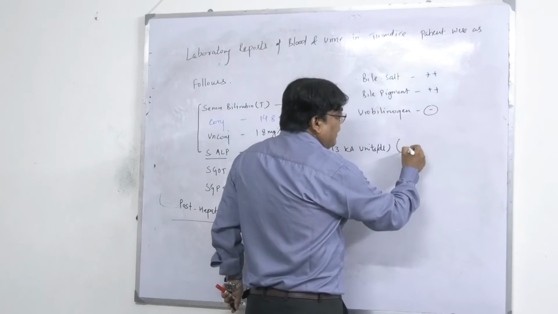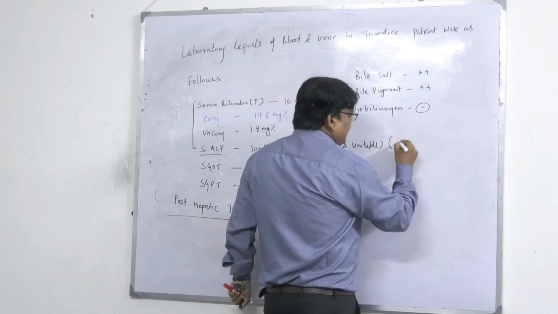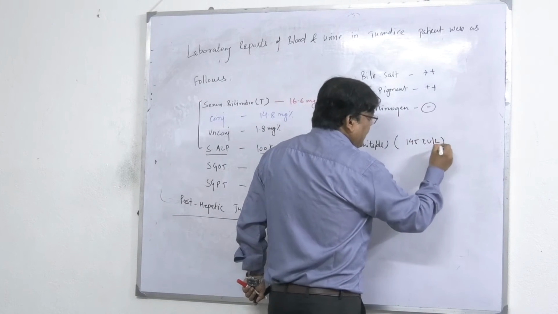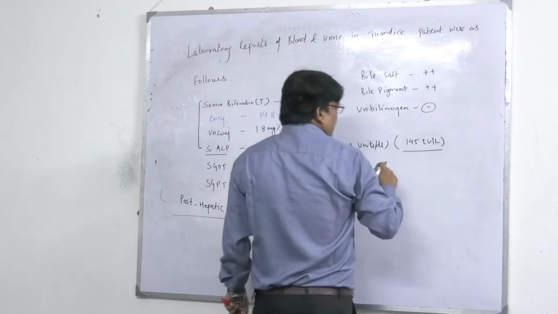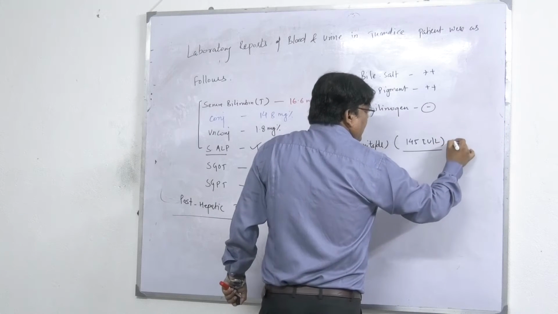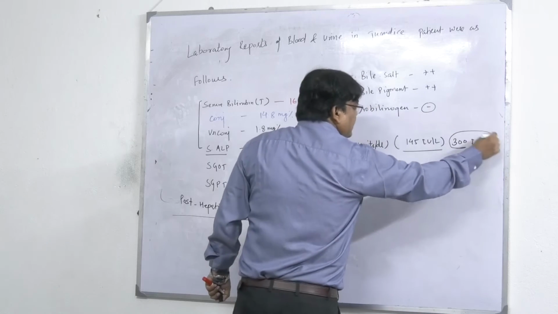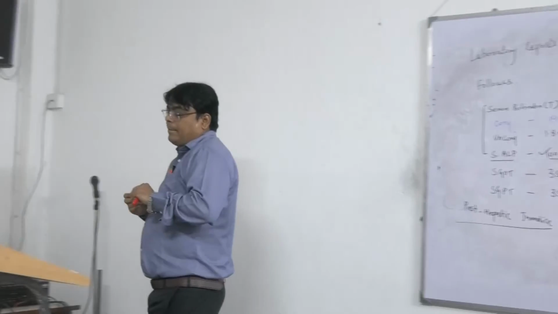If we take it in international unit per liter, the normal level is 145 international unit per liter, and here it is more than that, because it is in King units. It is up to 300 unit per liter. This is the range of this particular alkaline phosphatase.